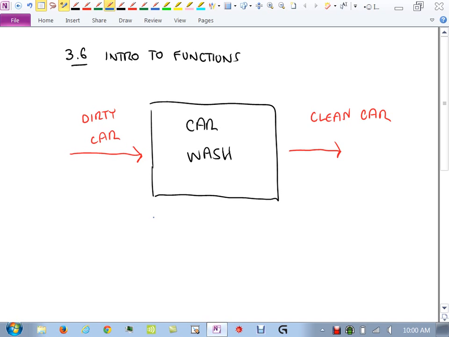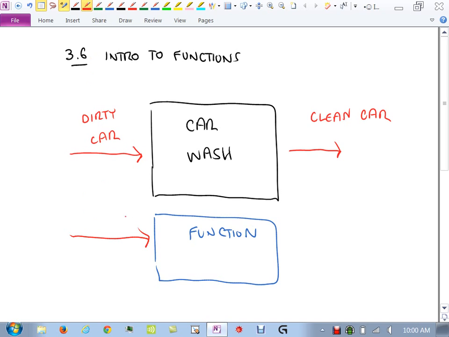So I'll draw a picture underneath this same idea. Function for us, our in is going to be a number, and what comes out is a number. But usually the number we put in comes out changed.